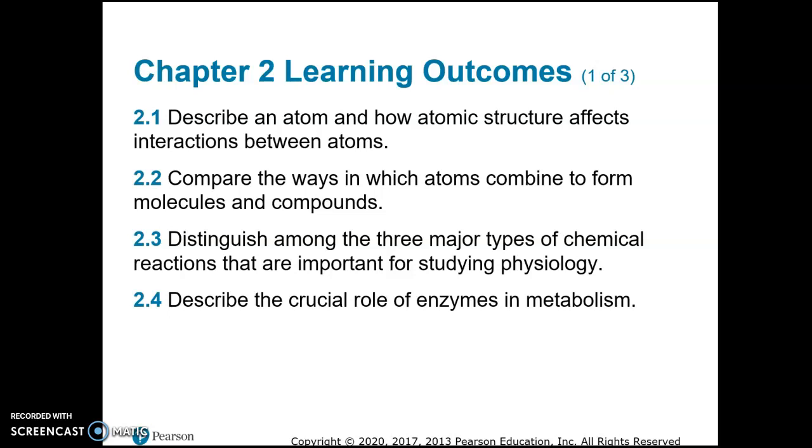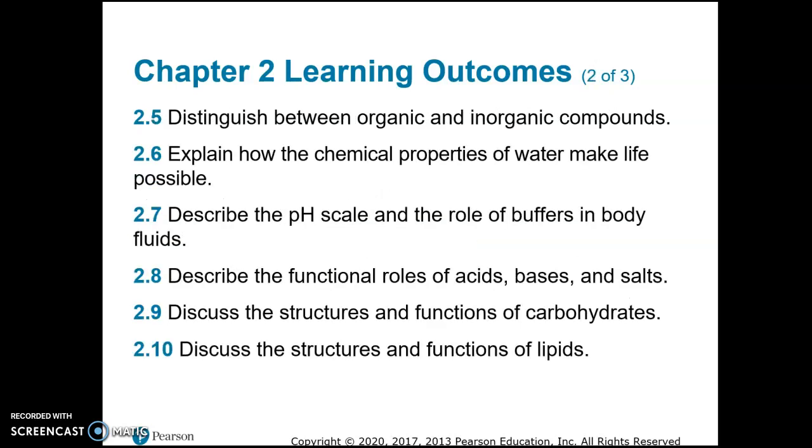Then we will talk about enzymes. In 2.5, you need to know the difference between organic and inorganic compounds. I'll go ahead and tell you the biggest thing with organic compounds is that they consist of 2 elements, carbon and hydrogen. They must have both carbon and hydrogen to be considered organic compounds.